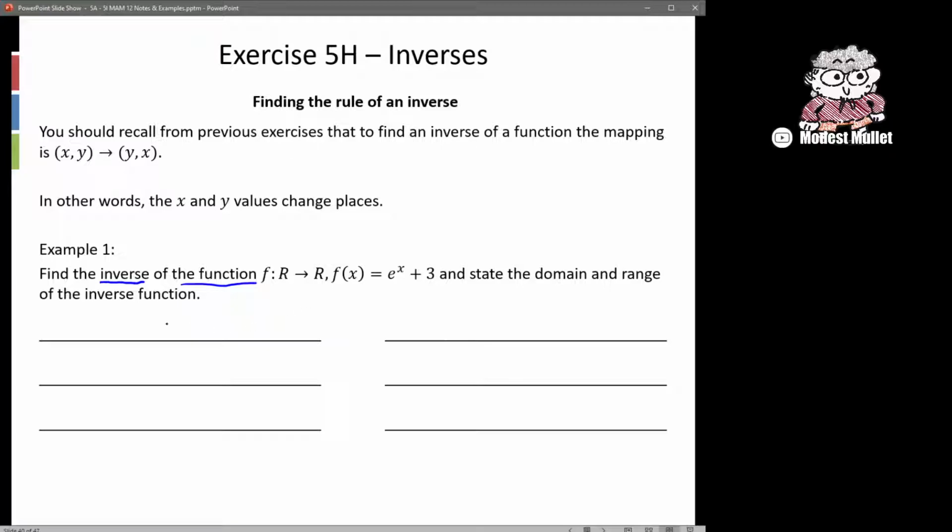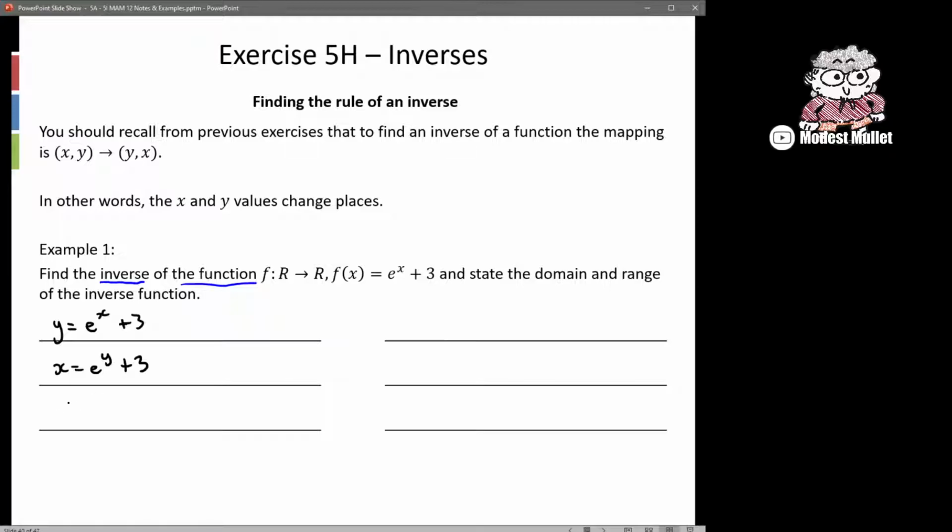So first off, let's try and find the inverse. So we have the equation y equals e to the x plus 3, and we just want to switch our x and our y when we think of a transformation. So we now get x is equal to e to the y plus 3, and now we just need to rearrange to get y by itself.